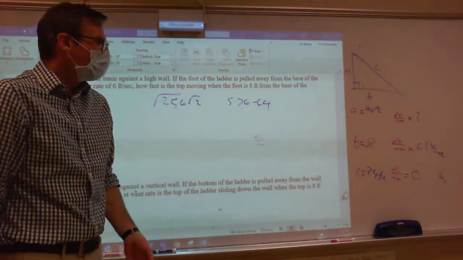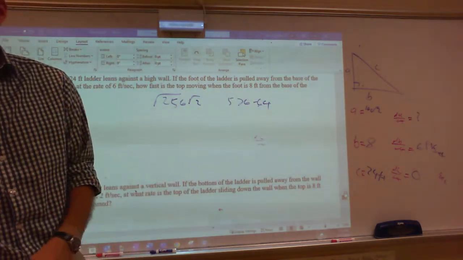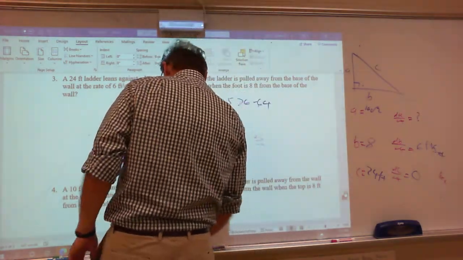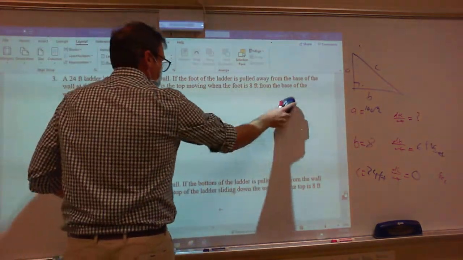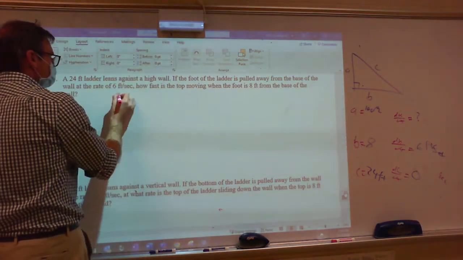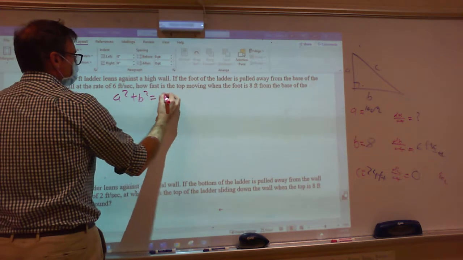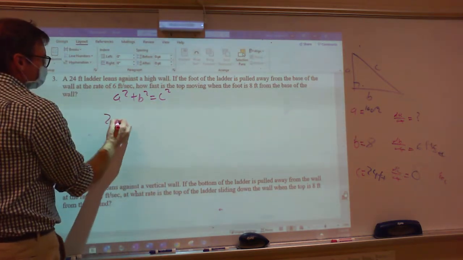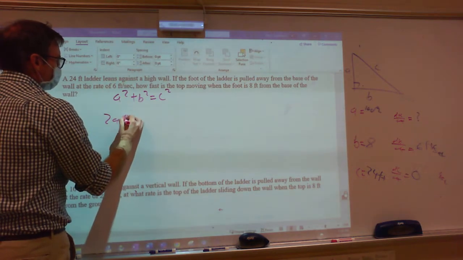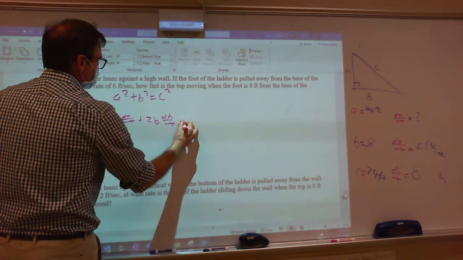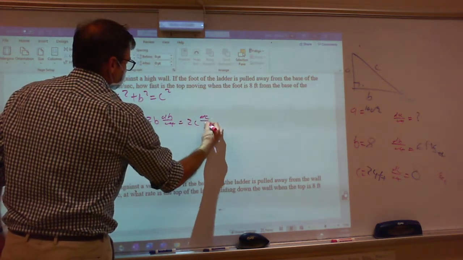Yay. I need an equation that relates A, B, and C. Guess what it's going to be? Pythagorean theorem. So let's see, we still have our a squared plus b squared is equal to c squared. We're going to take the derivative, so that gives us 2a dA/dt plus 2b dB/dt is equal to 2c dC/dt.